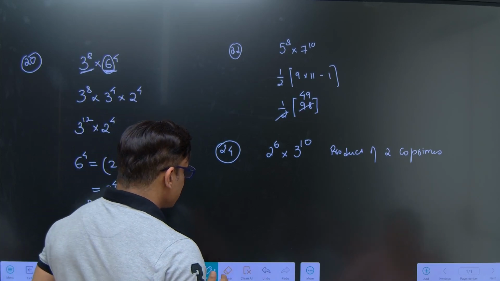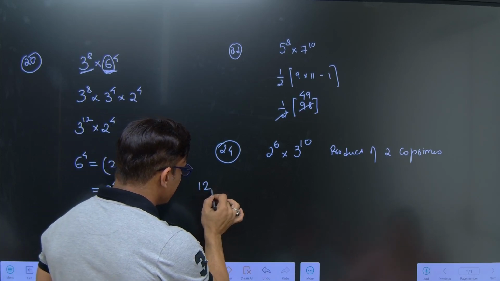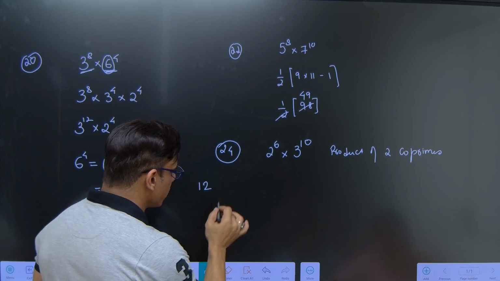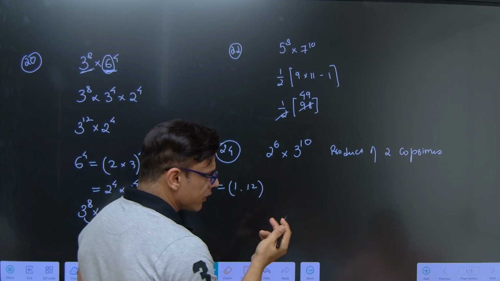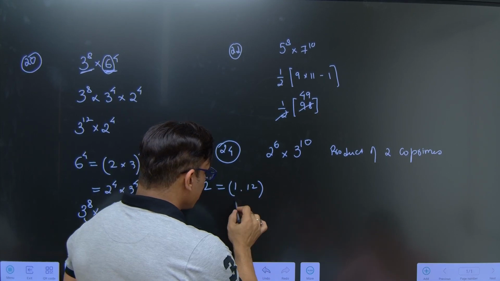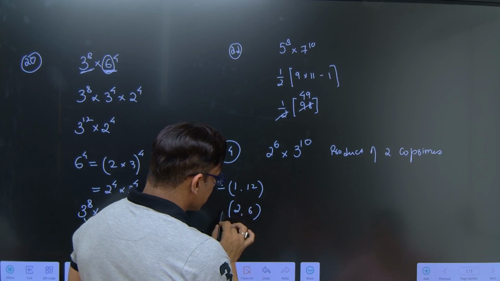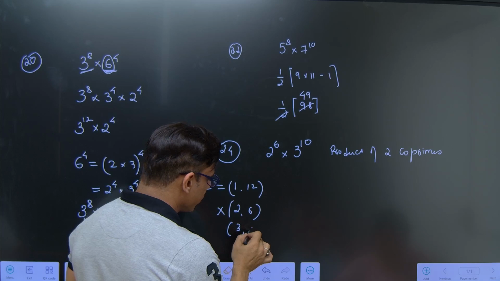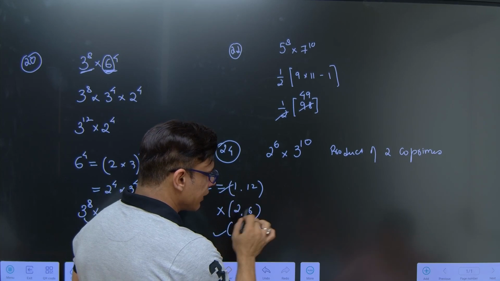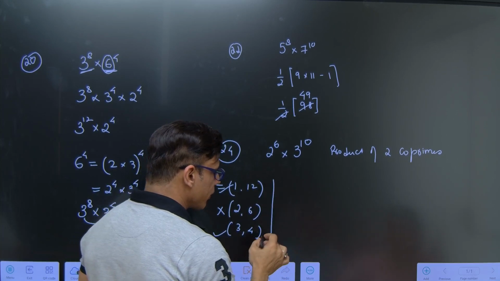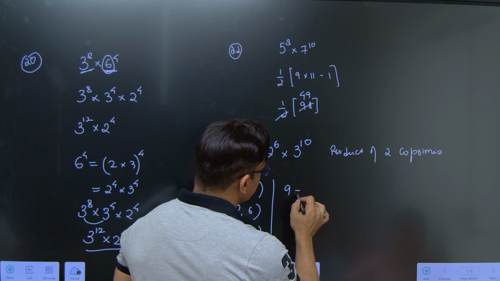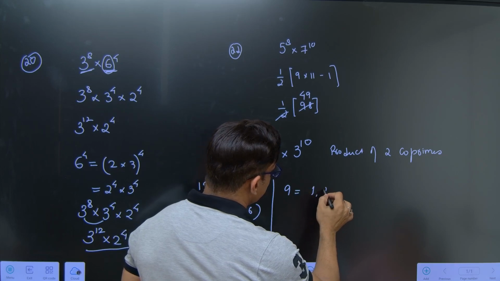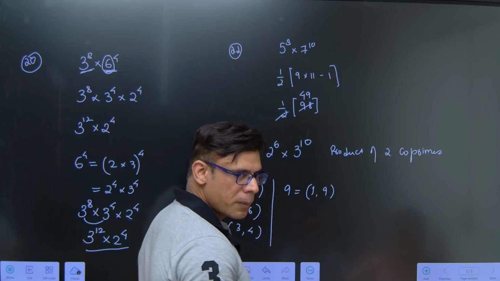Now focus on this. If I ask you in how many ways you can write 12 as a product of two coprime, you can write this as 1 and 12. 1 will always be coprime with anyone. Then I can write 2 and 6. No. Can I write 3 and 4? Yes. So 2 ways, right? Let's take some more numbers. Let's say 9. So 9 we can write as 1 and 9 only.